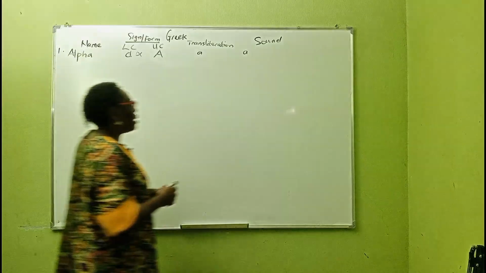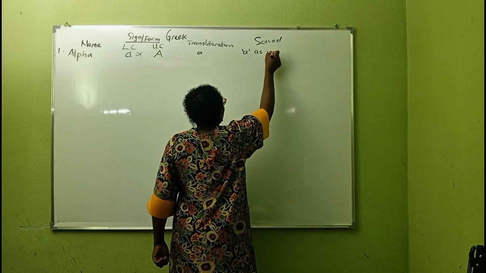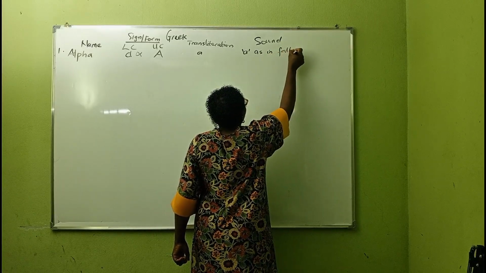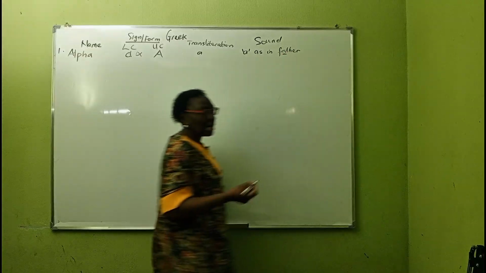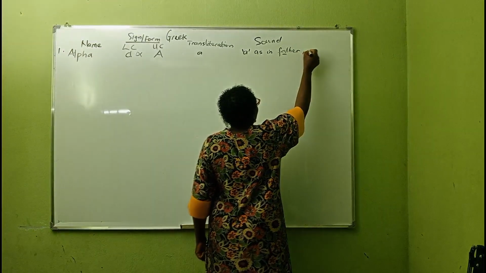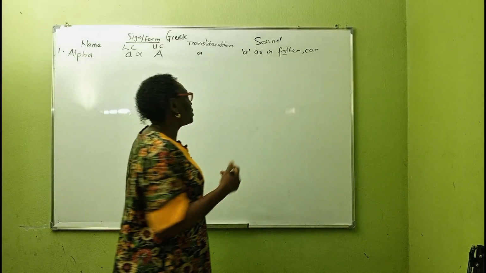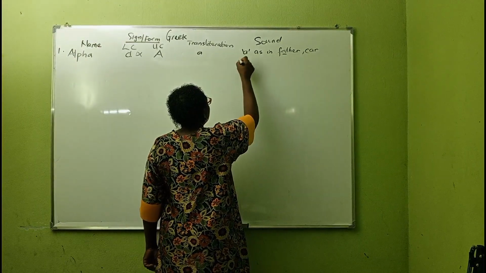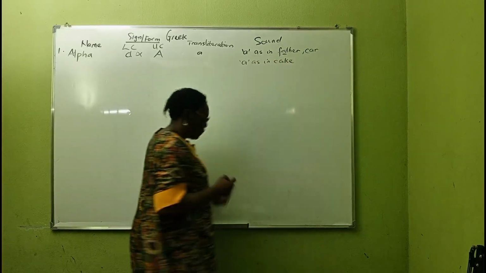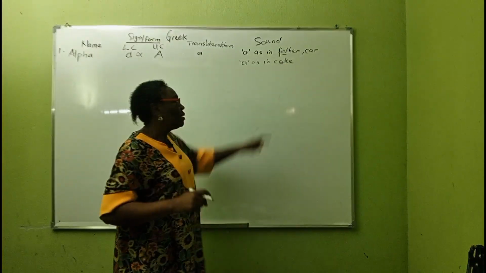So the sound is R. You say this letter as in, let's say, father. Father is an R sound. You can say father, you can say car, it's the same, it's an R sound. Don't say this as in this word, because if you do that, this word is not sound R.